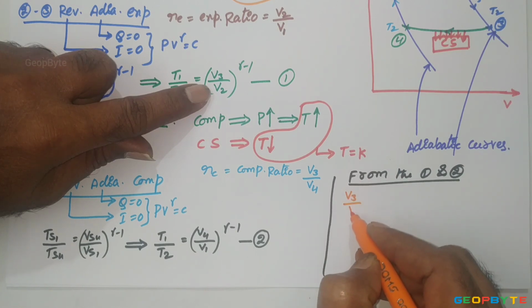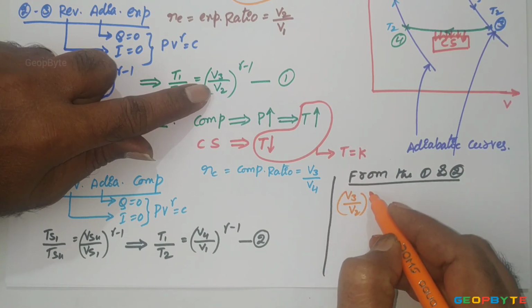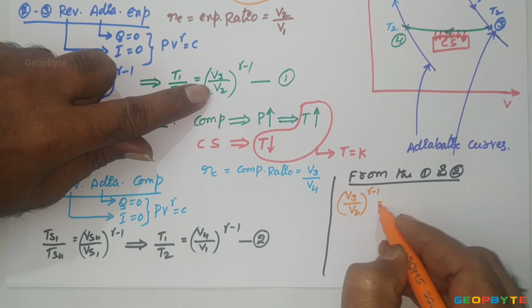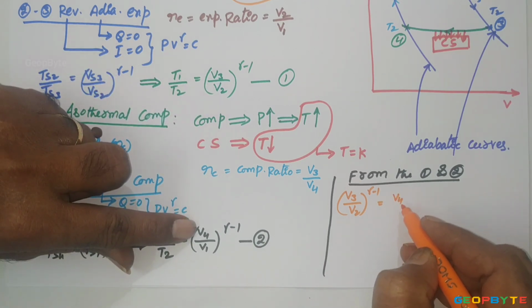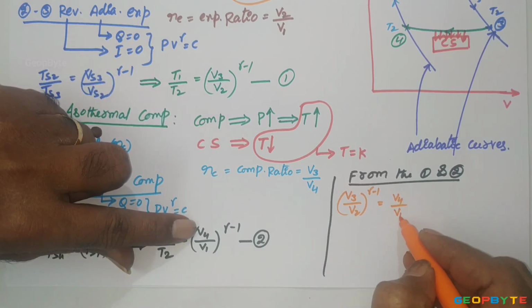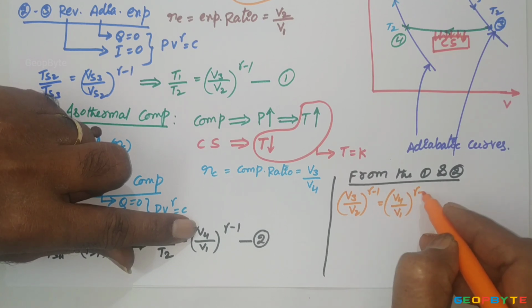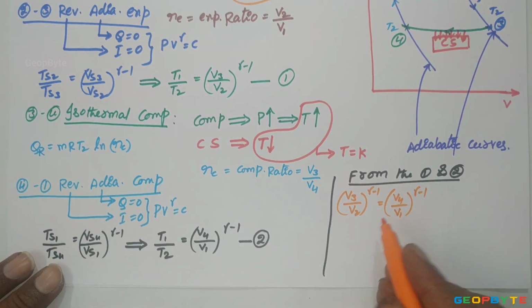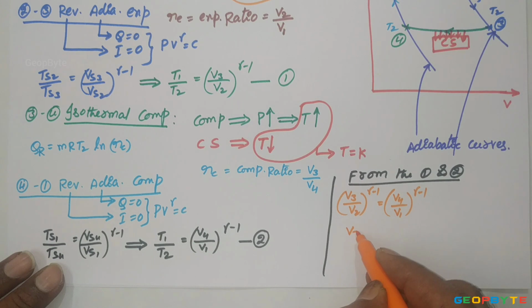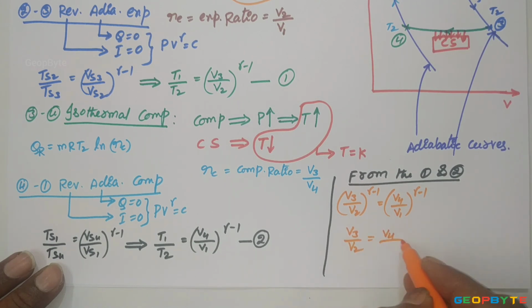V3 by V2 power gamma minus 1 is equal to V4 by V1 power gamma minus 1. Gamma minus 1 cancels. It is V3 by V2 is equal to V4 by V1.